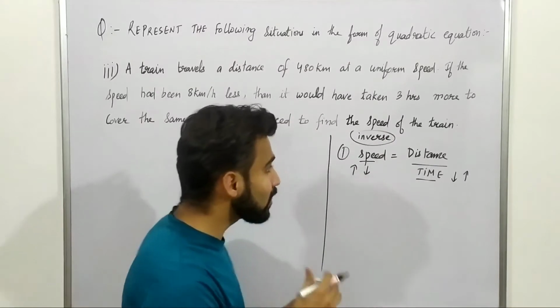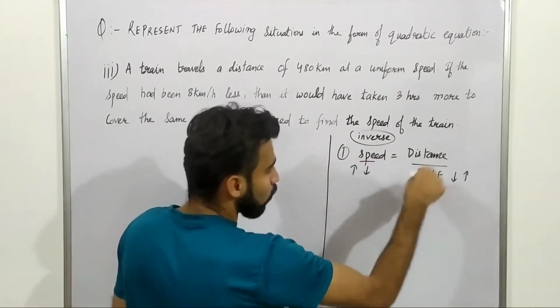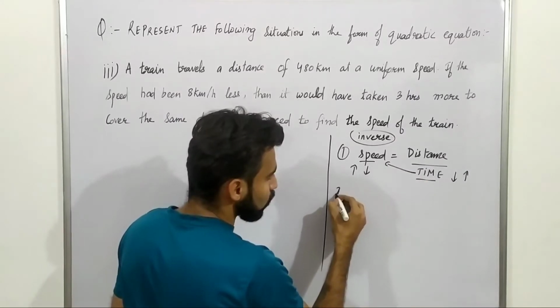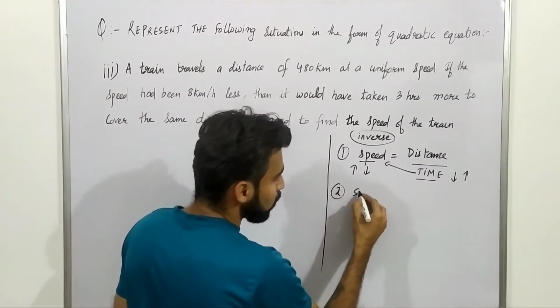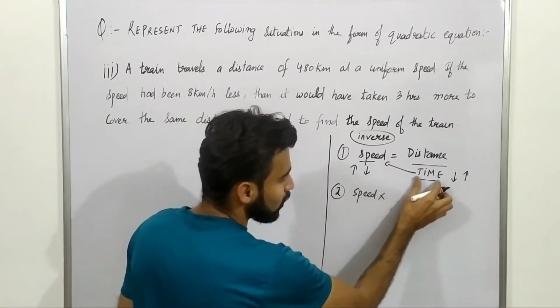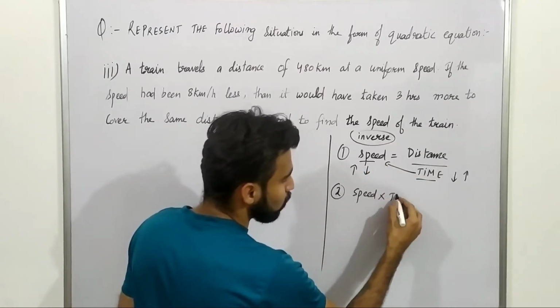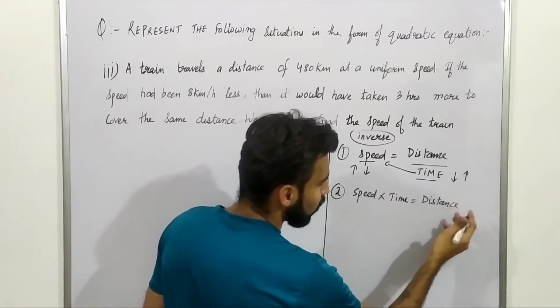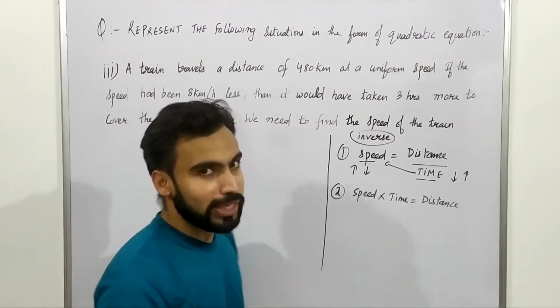The next relation will be formed from this relation. If I transfer this time over to the left hand side, the second relation will be speed into time. Now this division value gets multiplied with speed, so that gives you distance. So to find distance, you simply multiply speed and time.